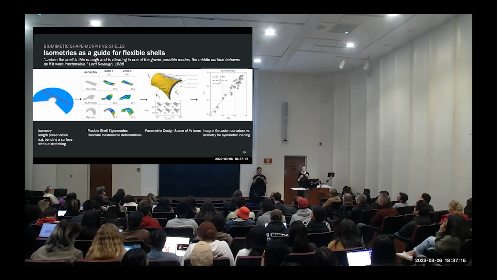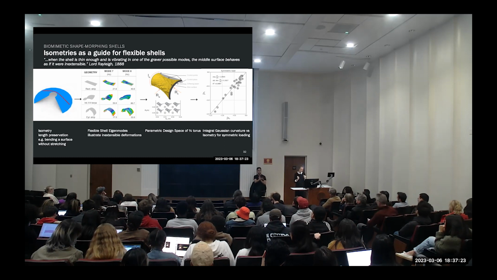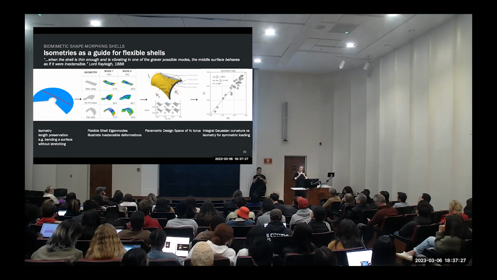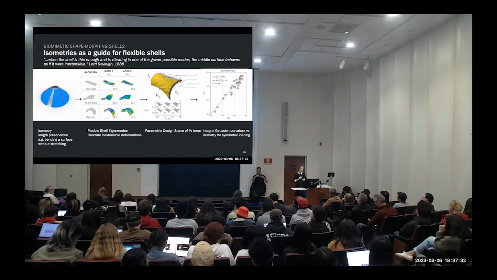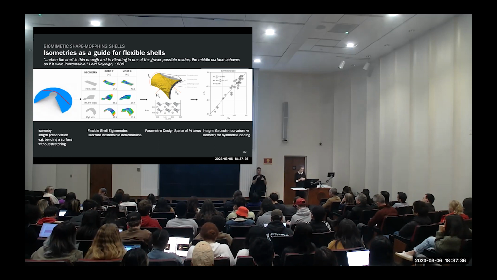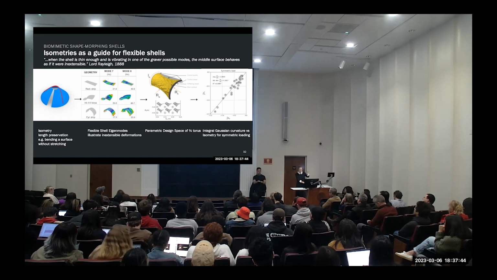This means that if you have a very thin geometry and you look at the frequencies that it likes to vibrate in, then you can identify surfaces that do not stretch, but that actually bend or twist. And we started using that, rather than the biomimetic inspiration, as a way to identify these kinds of actuators that will open and close, lift, bend, and twist.